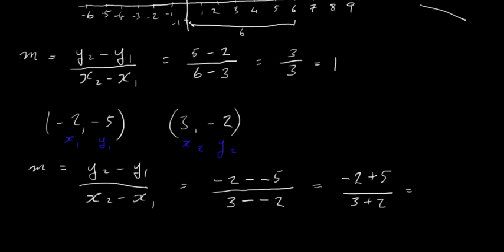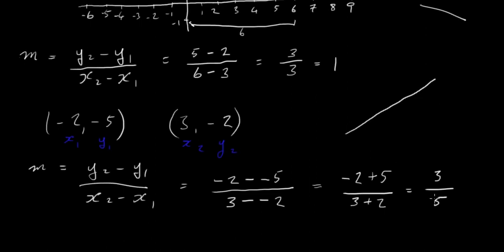So in this particular case, our numerator will be minus 2 plus 5, which is 3. And on the bottom, we end up with 3 plus 2, which is 5. So the slope of the line that contains these 2 points is 3/5, 3 over 5. If you look at that line, it might look something like this, maybe up along here.